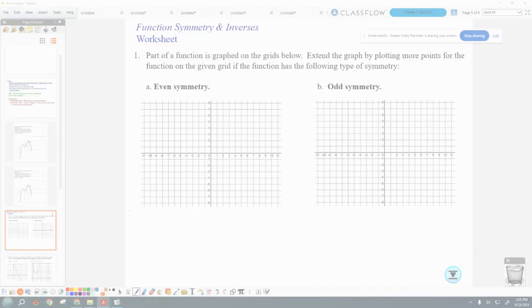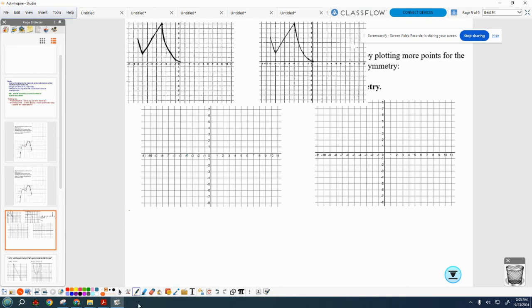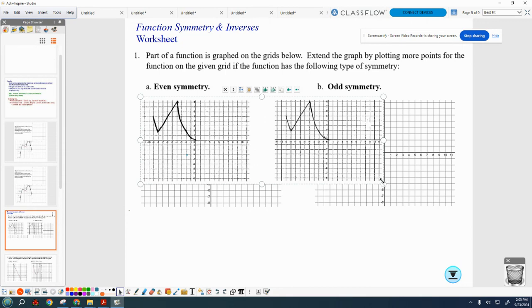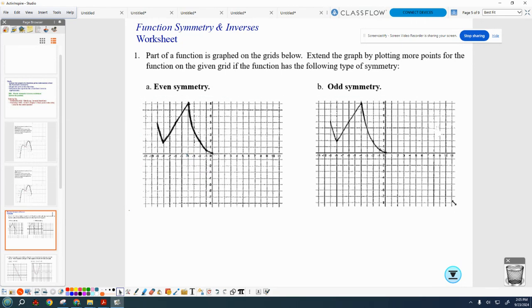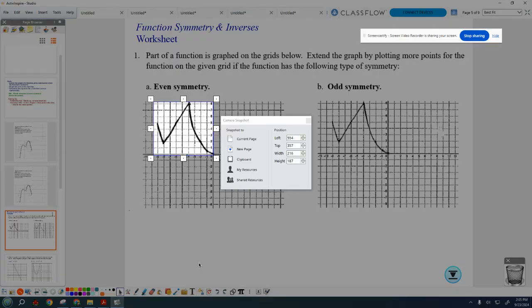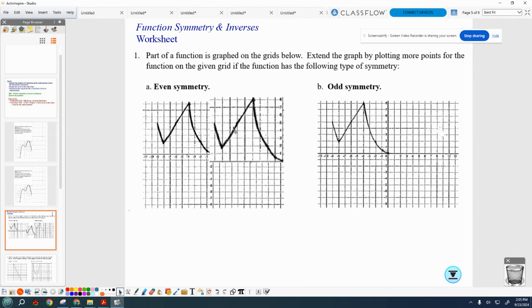You already find the inverse on your own? She's pretty good. What? I want to see how you do it. Oh, you want to see how I do it? I'm gonna totally cheat. So I wanted it reflected.